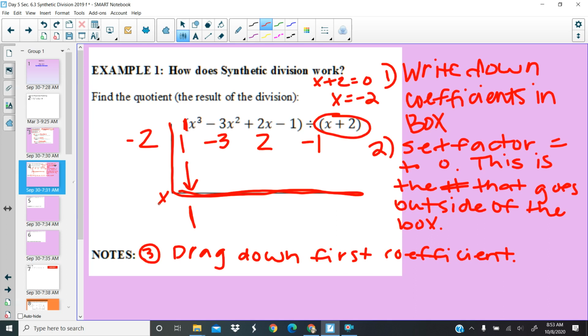We write that in the next available position, above the number that we dragged down, in our next column. So negative 2 goes here. In that step, we multiplied by the number on the outside of the box and recorded it in the next column.